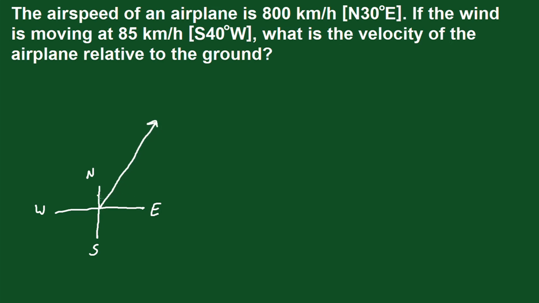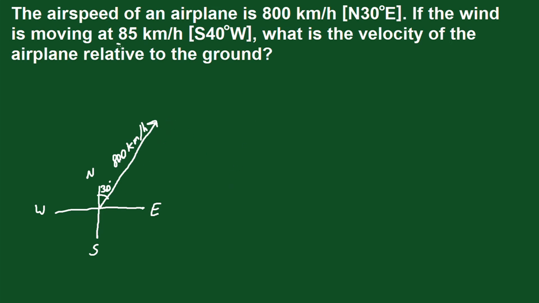You look north, you rotate 30 degrees to the east, and that's where your vector is. And this is a vector of 800 kilometers per hour. And again, this is not a distance, it's a velocity. You can add the velocity vectors together in order to figure out what the resultant velocity is. So that's our first vector.